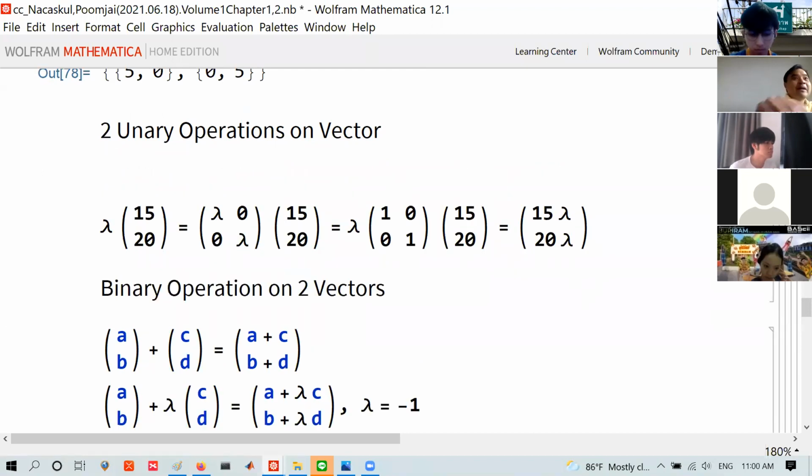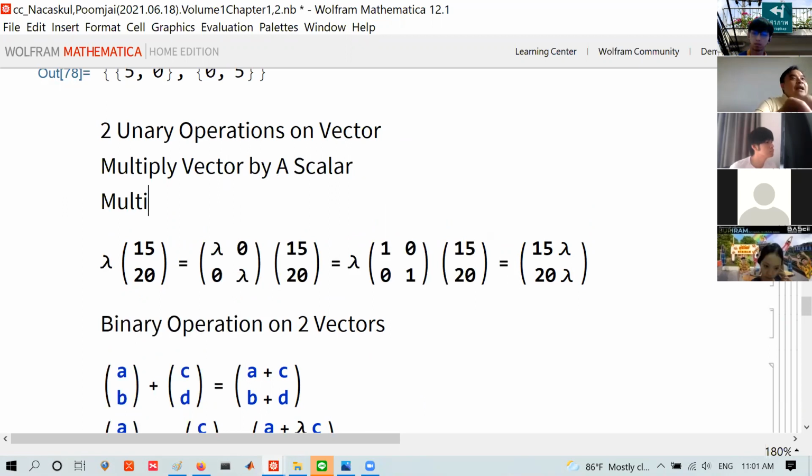What are the unary operations? Multiply vector by a number. And again, because you have numbers everywhere, we're going to be specific. We call it scalar.